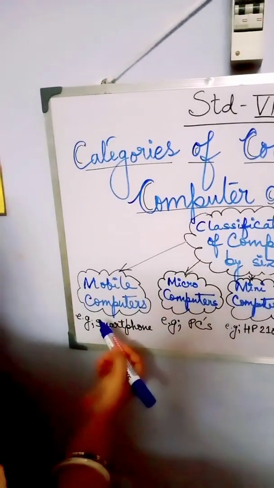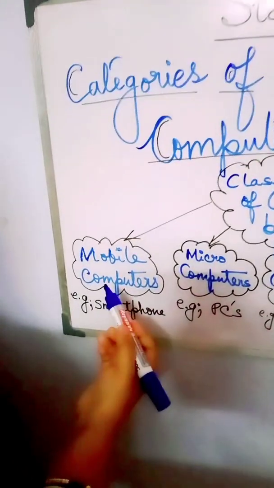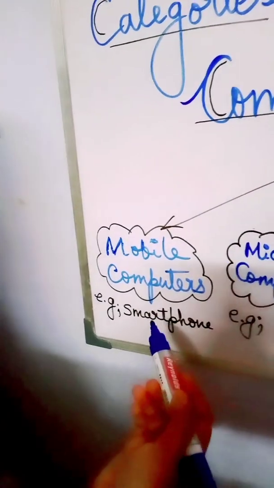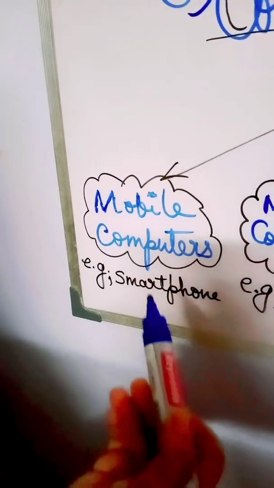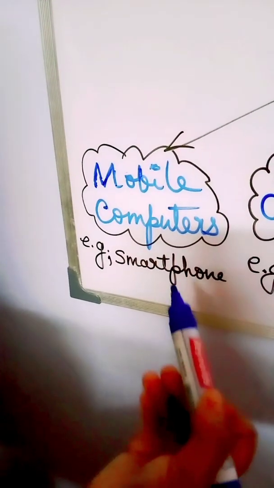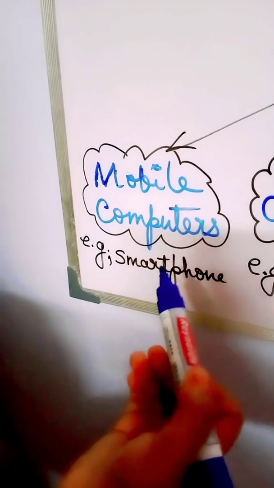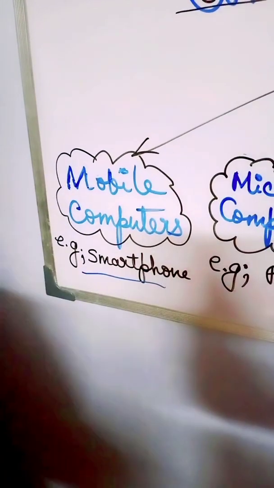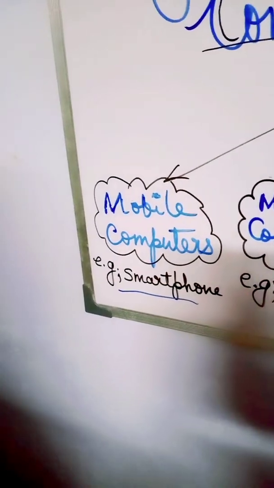Mobile computers. Mobile computers are the smallest computers designed to be carried around by users. Laptops, ultrabooks, netbooks, tablets, e-book readers, smartphones, personal data assistants and portable media players are all examples of mobile computers.